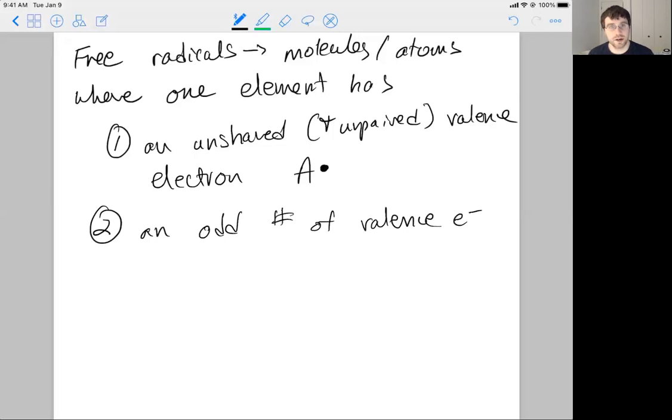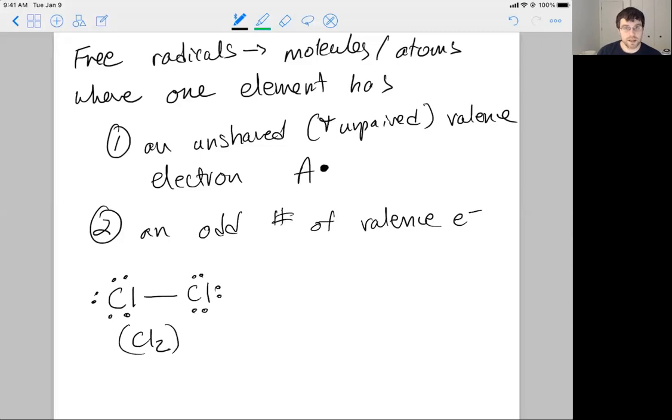Now, these 2 points are not too different. If you have an unshared or unpaired electron, you then very likely have just an odd number of electrons. There's a specific example of this where if you take chlorine in nature, it's actually bound to itself. So chlorine gas, which has an elemental composition of just chlorine atoms, is actually a bunch of Cl2 molecules.